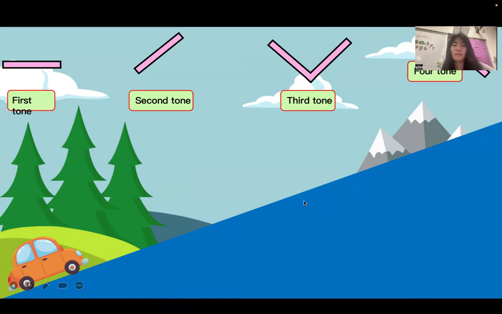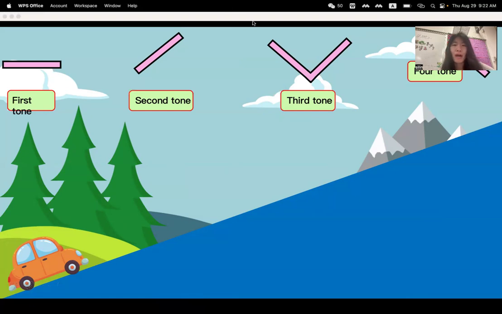How to say this tone? Remember, we are using A as an example. We write A here, the second tone. All right, very good.